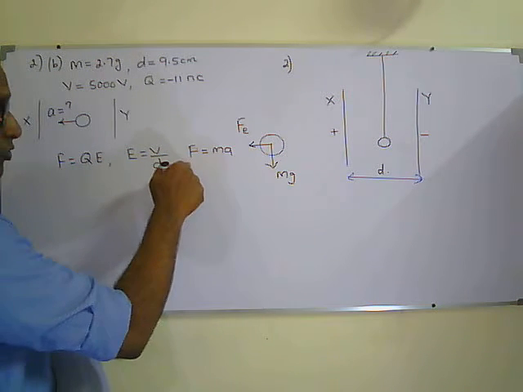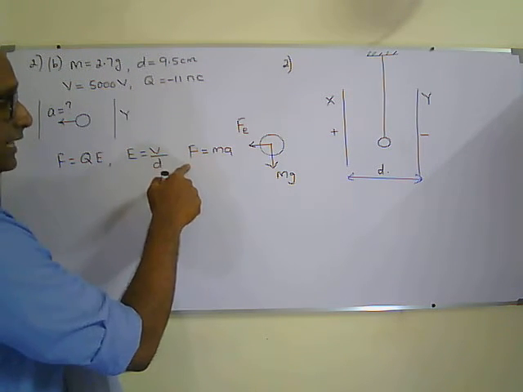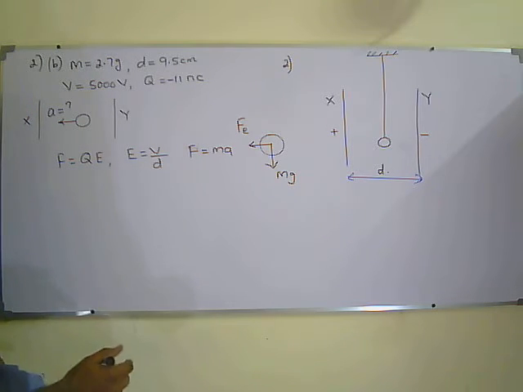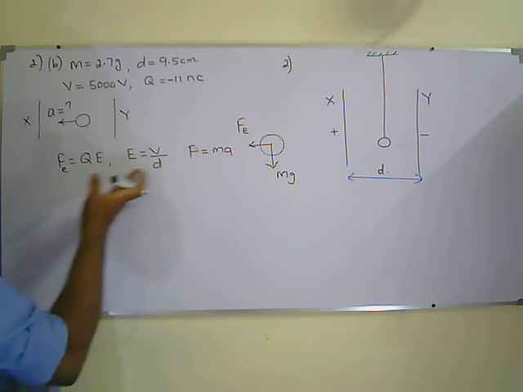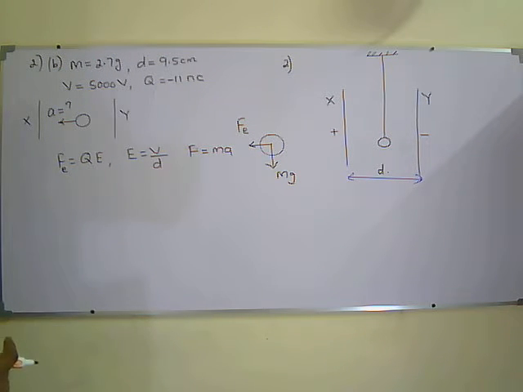So the resultant force on the ball in horizontal direction is only due to the electrostatic force. I can say Fe, where Fe stands for electrostatic force. So by using these equations, I can find the acceleration.